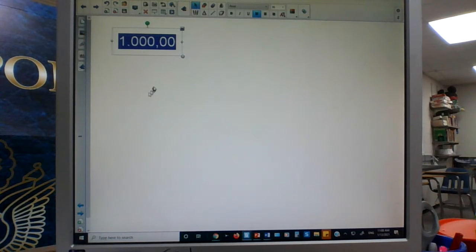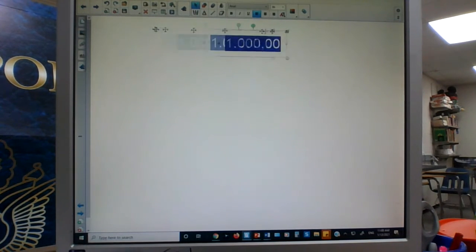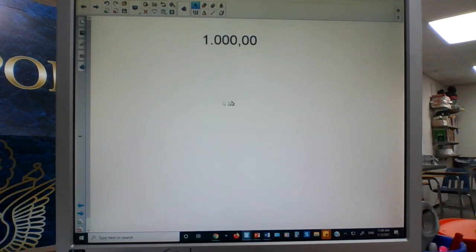Now, let's go with 1,000. But wait, you're like, wait, that's not 1,000. There's a little dot right there. Okay. Yeah, that is 1,000 in Español. So if I had $1,000 numerically, I would have to write it that way in Español, in Spanish. That's the number of 1,000.